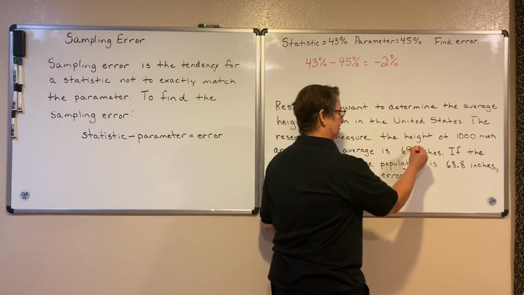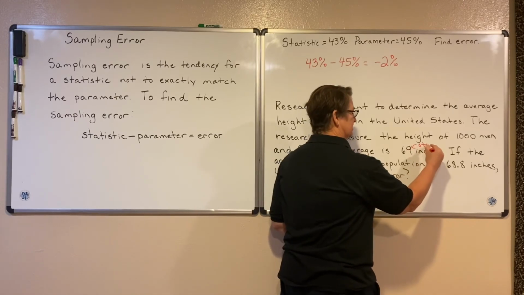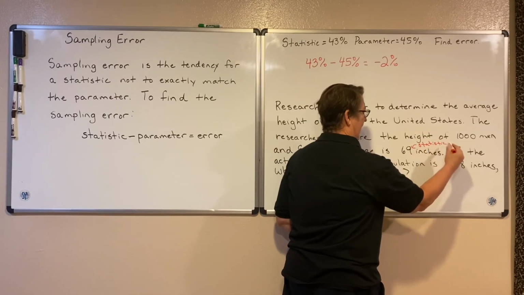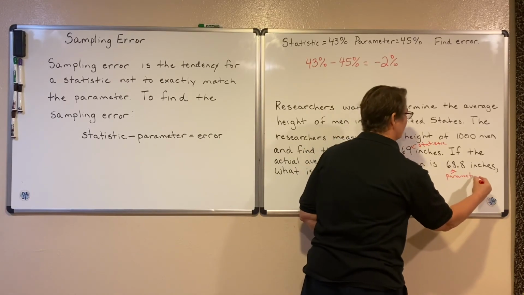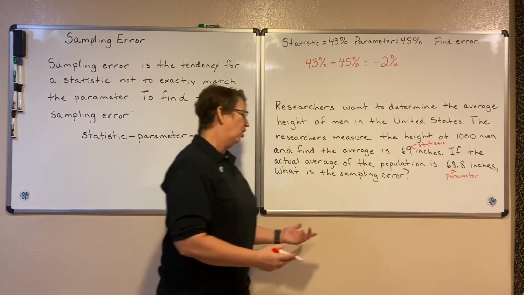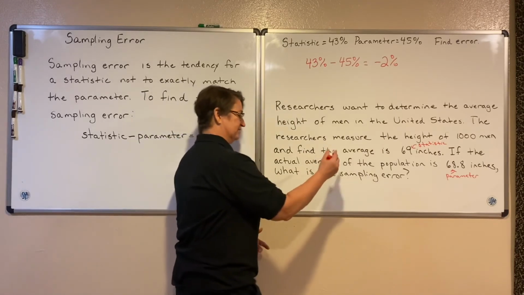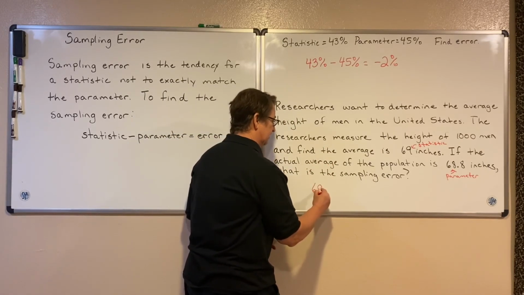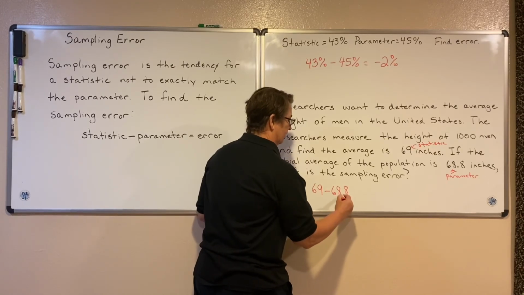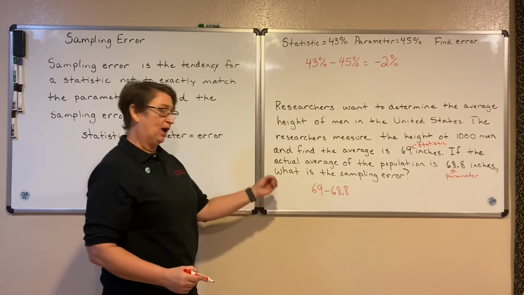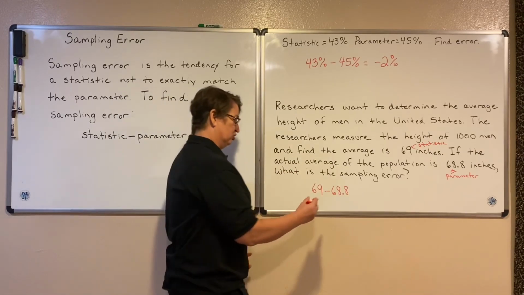So this is the parameter. In this case, here is my statistic, and this is my parameter. And I want to find the sampling error. All I do to find that sampling error is take my statistic and subtract my parameter. Their signs are different, so I really am going to subtract the two.